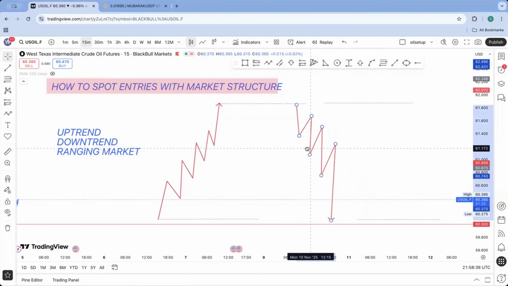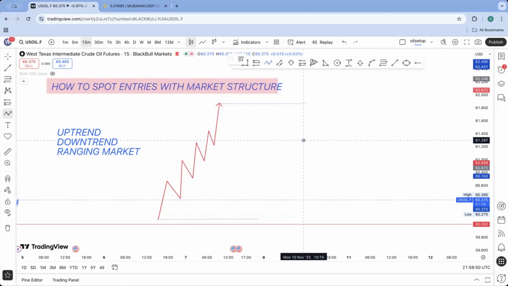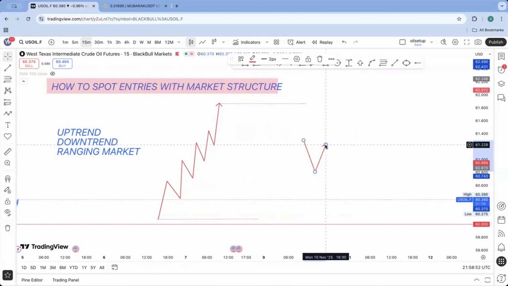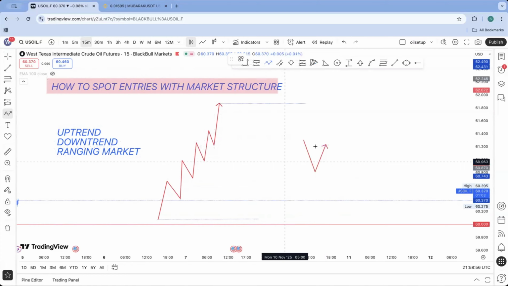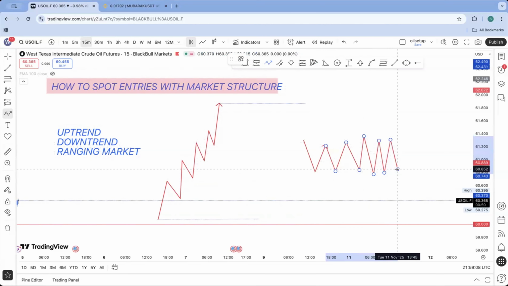Let's look at the third one, which is ranging markets. So in ranging markets, that's where we see price moving sideways. It is not going up or coming down. It just starts doing its random moves. All right.